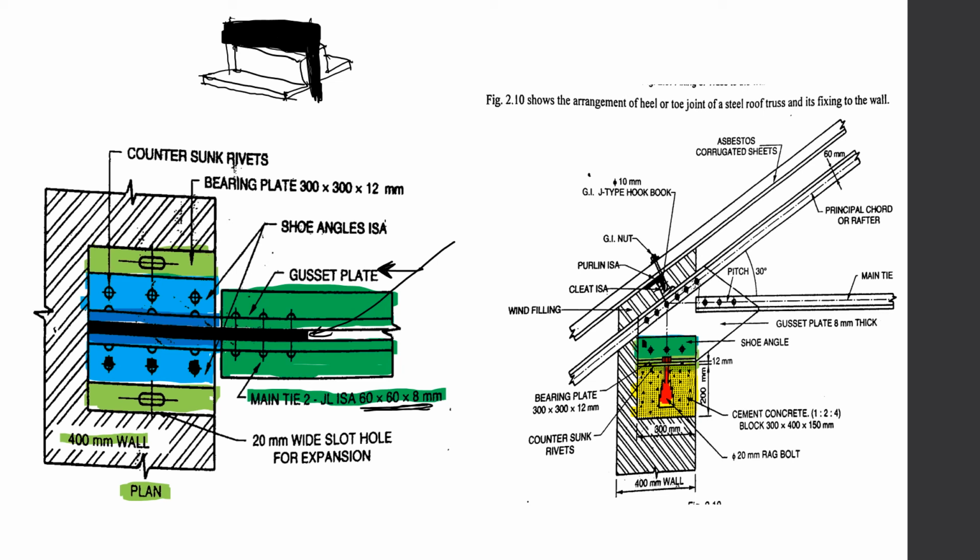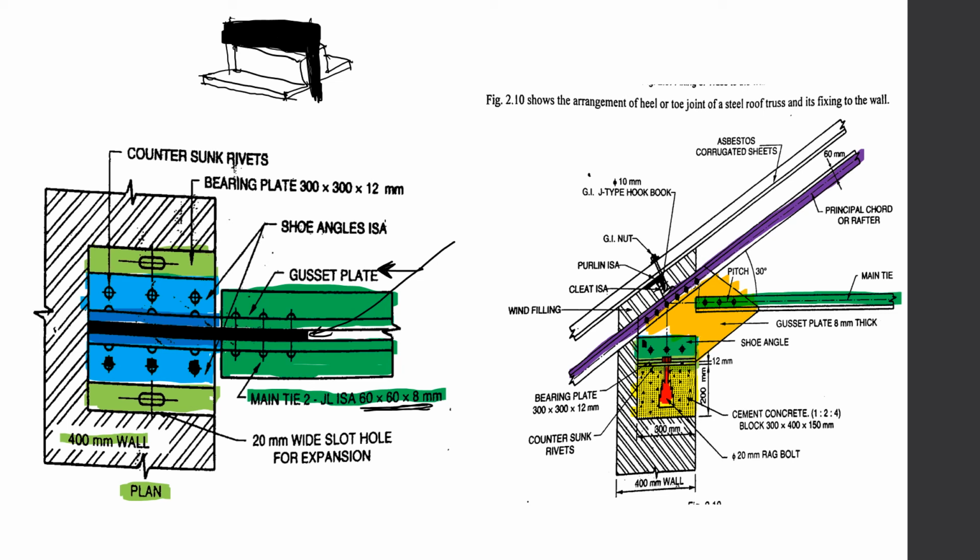Okay. Now the one in purple is the principal rafter, the one in orange is the gusset plate, and the one in dark green is the main tie. So all these things are also mentioned here. You can easily guess what it means. Now this is the wind filling.